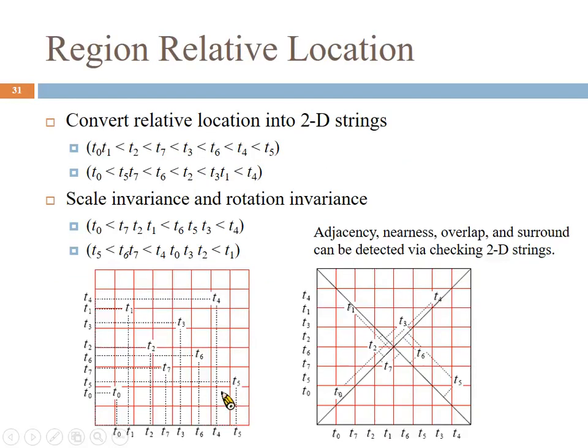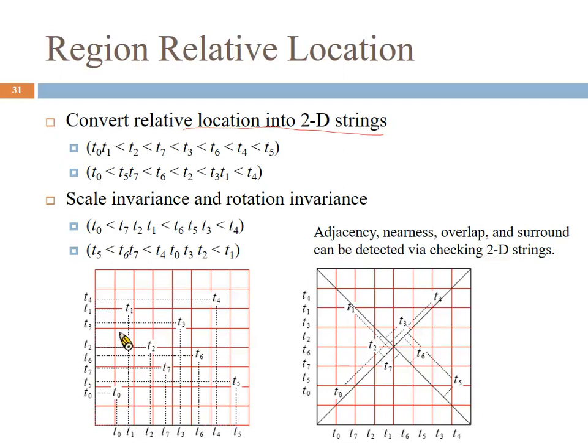So how do we check the relative position between multiple regions? They propose two ways. The first way is they just convert relative location into a 2D string like this. For example, from T0 to T7, there are 7 regions, and here are the locations, the centroids of these 7 regions.